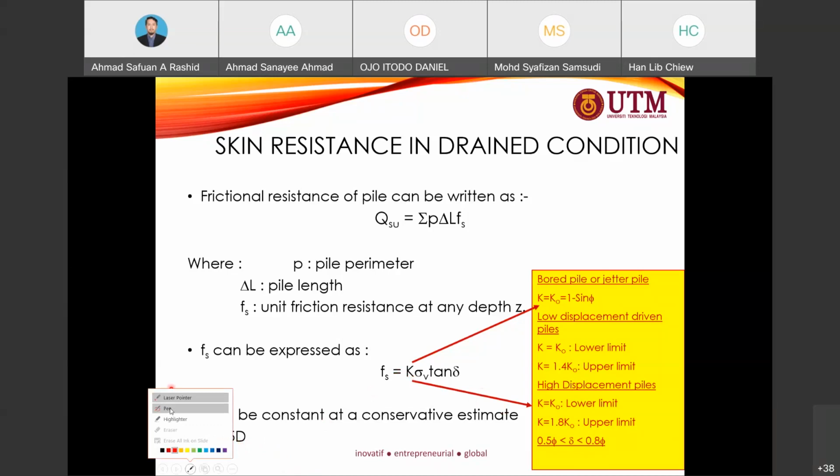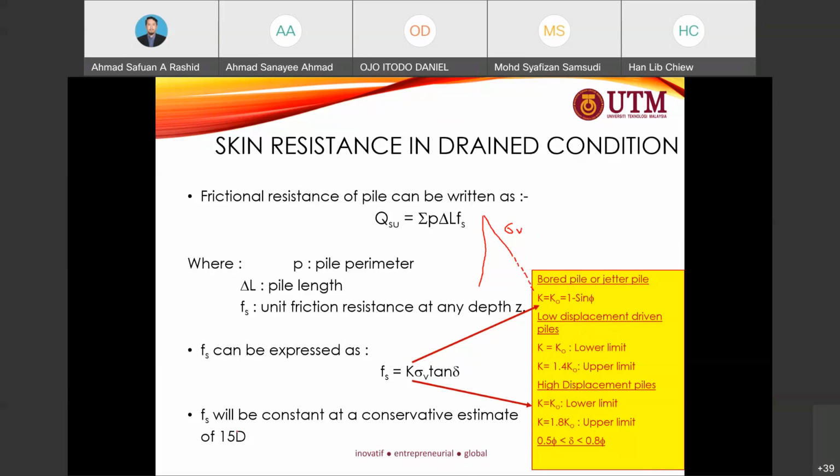Okay, so let me show you. For example, this is the depth profile. When we calculate for the 15D, this is the effective vertical stress. Typically it will increase with depth.